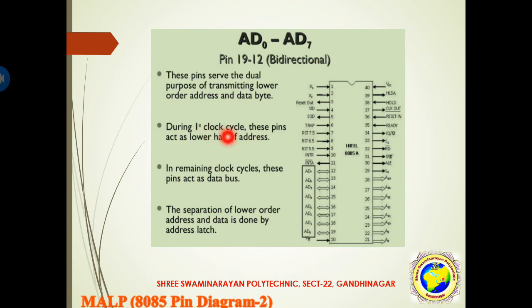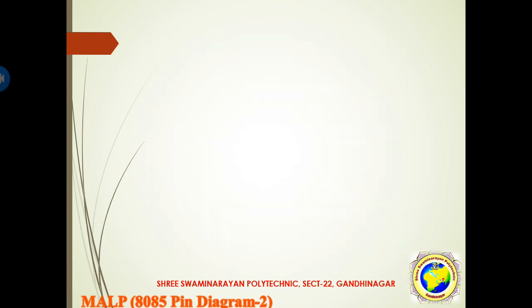During the first clock cycle these pins act as the lower half of the address. During the remaining clock cycles they act as the data bus. The separation of lower order address and data is done by the address latch. So these are the bidirectional AD0 to AD7.